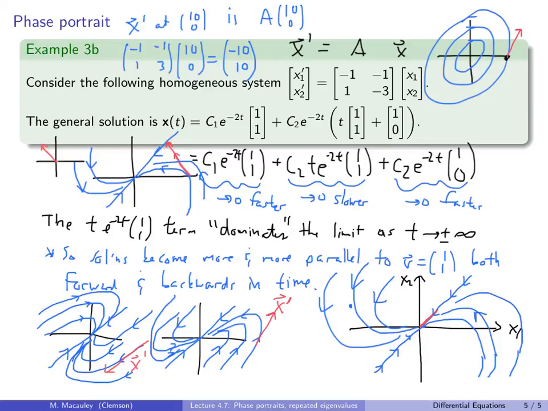In other words, let's suppose that the x2 coordinate is positive. Then we would know that the ellipses spiral in this direction. Otherwise, if the x2 coordinate were negative and the velocity vector were to point down here, I guess that's not a very accurate velocity vector, is it? Maybe it should be more like this. But if it were to point down here, then we would know that the ellipses would spiral in that direction.